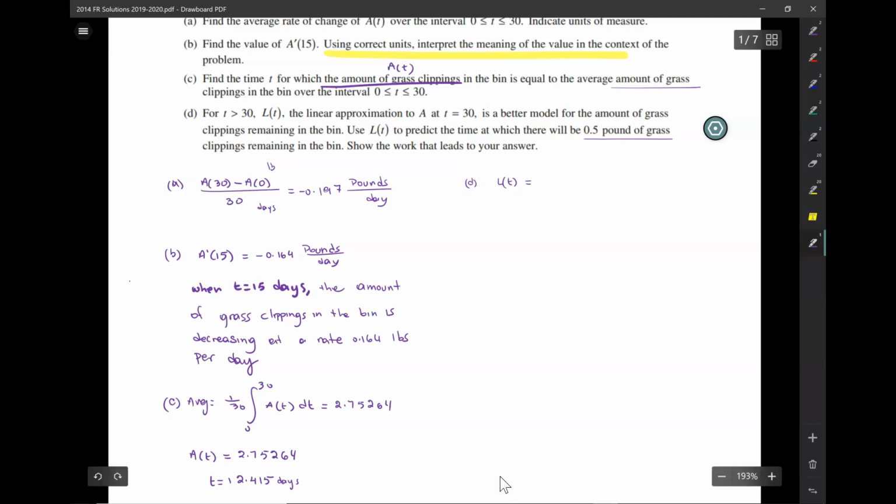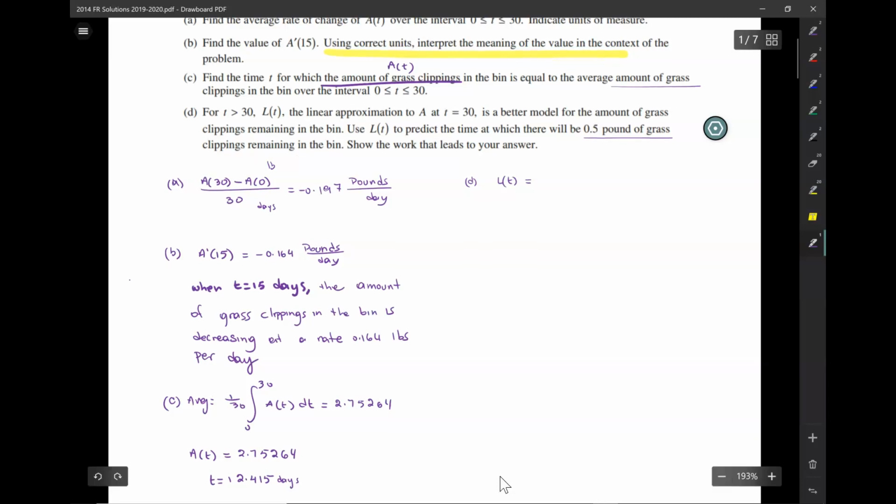For that, remember we want m times (x minus x1) plus y1. I want the slope first, which is A prime of 30, times t minus 30, plus A of 30. We just have it in different notation now.